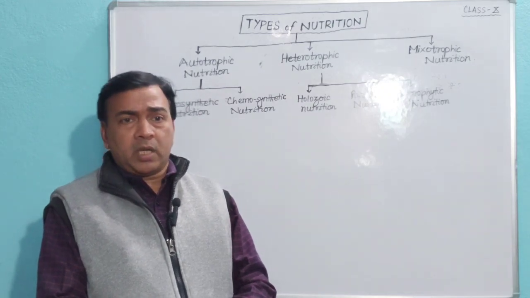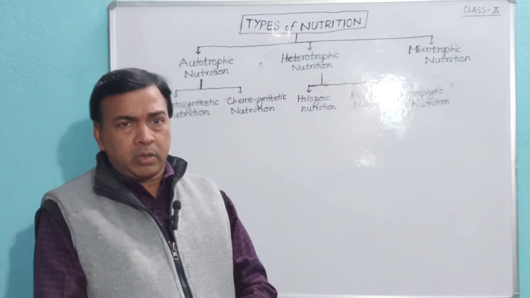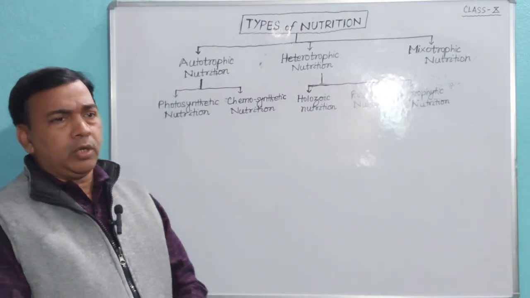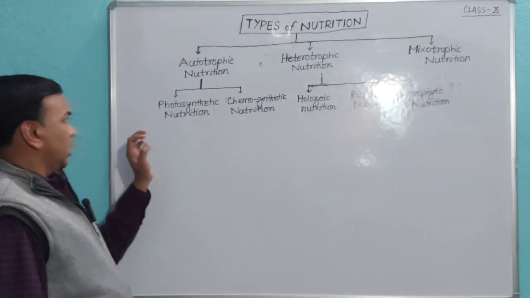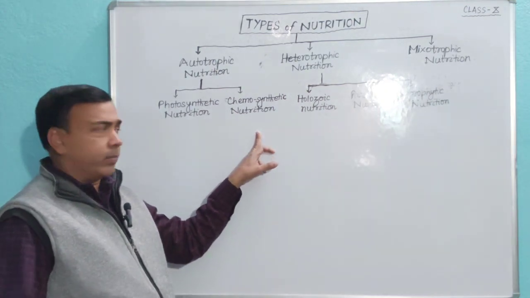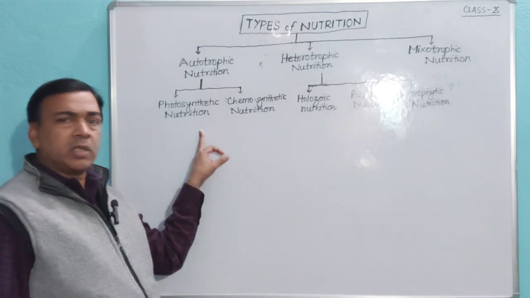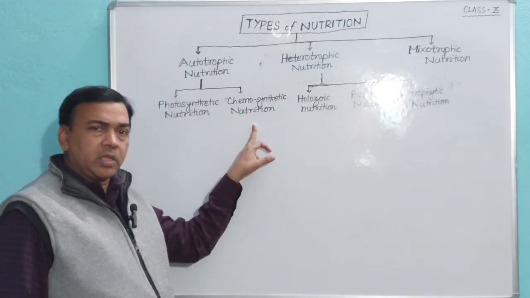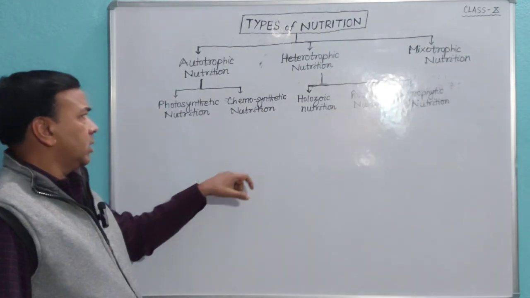So, whether the sunlight is being involved or not, this autotrophic nutrition is further of two types: photosynthetic nutrition and chemosynthetic nutrition. In photosynthetic nutrition, sunlight is utilized, and in chemosynthetic nutrition, sunlight is not utilized.